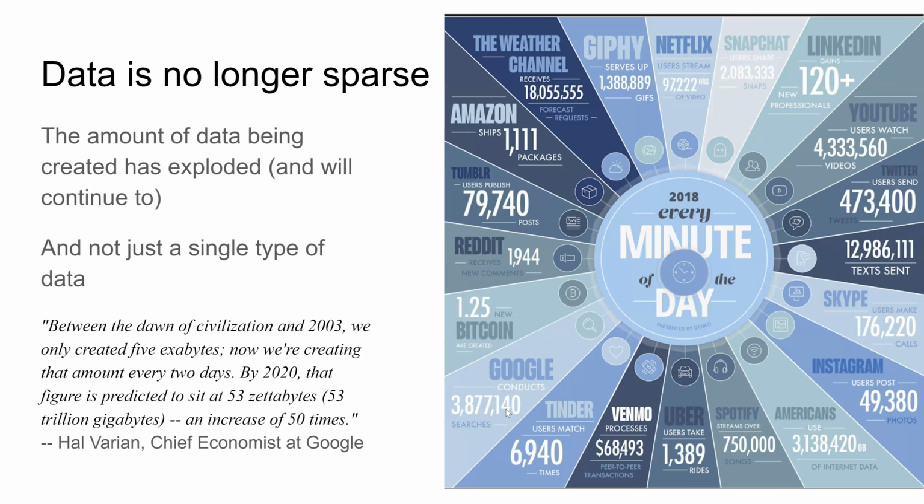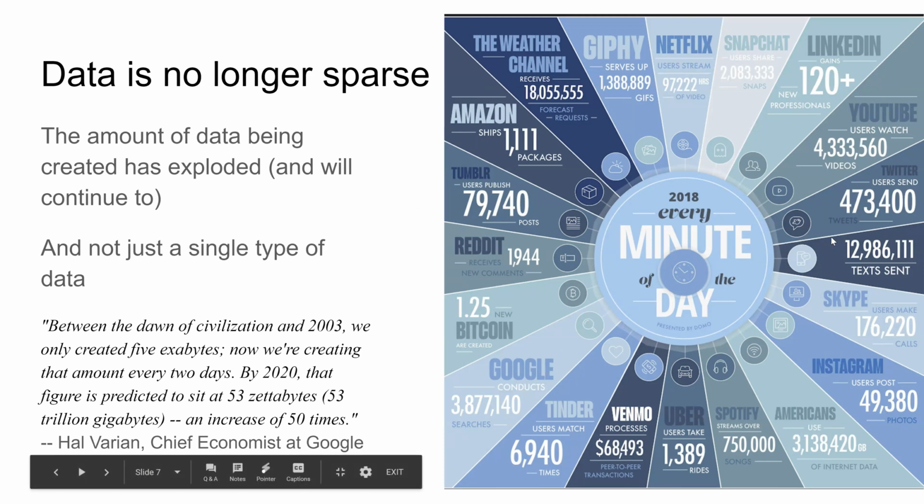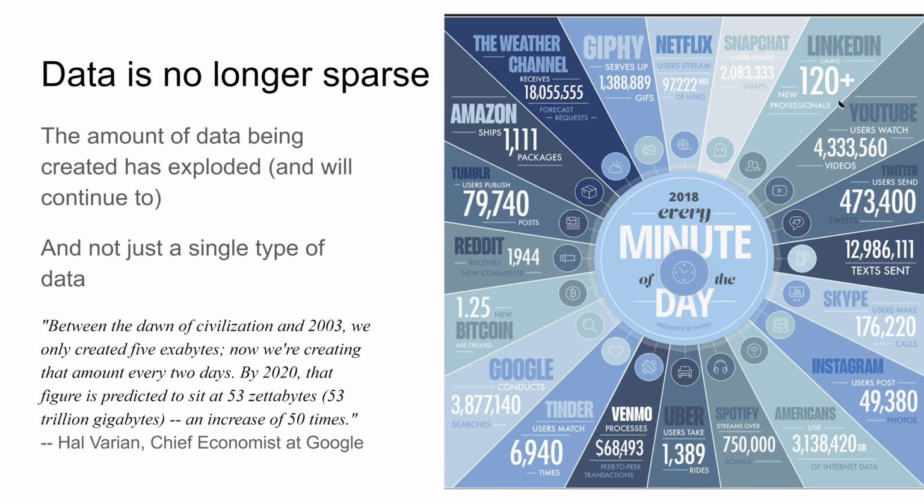Each one of these searches is a single line in the database, but then all the interactions and all those things that happen after it are also additional information that goes into the database, right? With LinkedIn, each one of these new profiles includes aspects of that individual's age and their career profile and what schools they went to and so on and so forth. So data isn't sparse. There's abundant data.